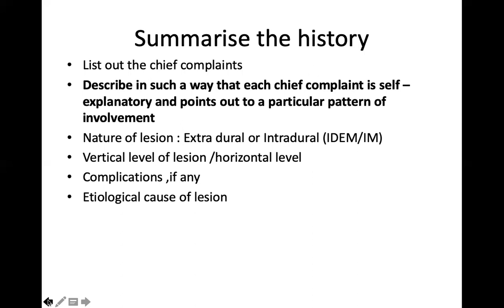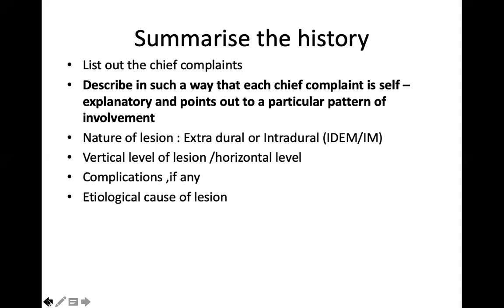And that is why it's very important that your summary should be crisp and should give the examiner an idea of whatever has been told in the last 30 minutes in a simple, easy to understand language, in a paragraph, which will be self-explanatory.